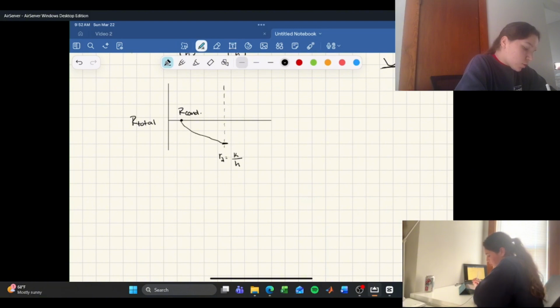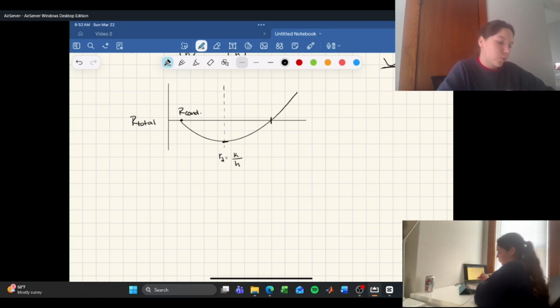So it was a minimum curve like this. Okay, like that. And then that means that eventually, if we keep increasing the radius or the amount of insulation we have, eventually there's a critical point. I'll label that.